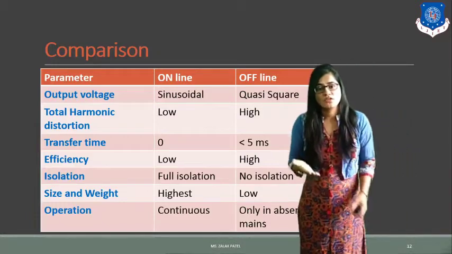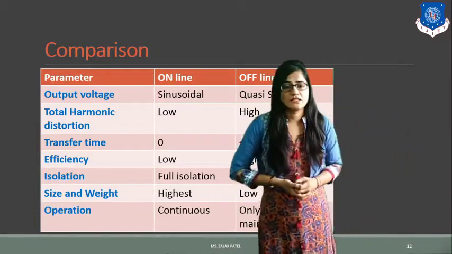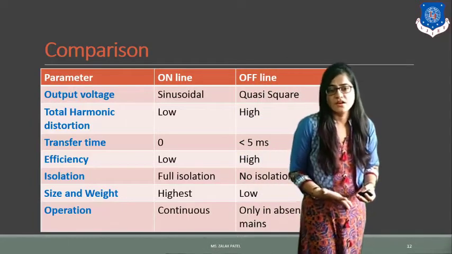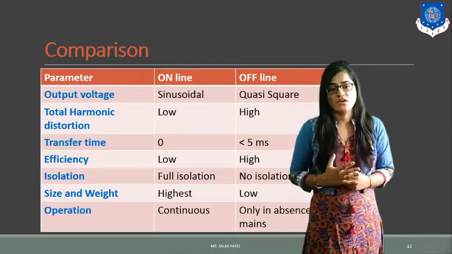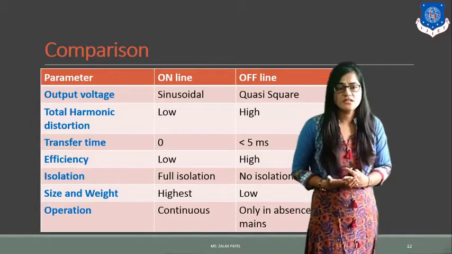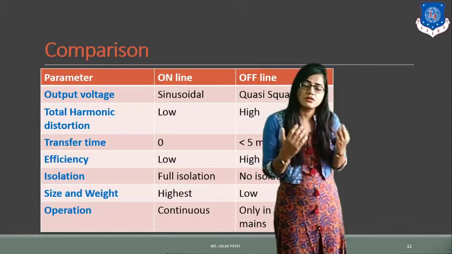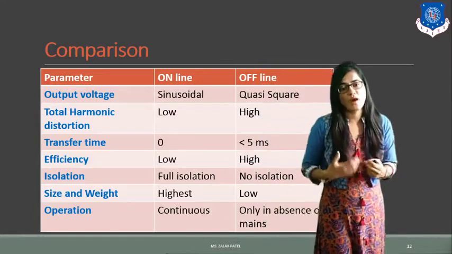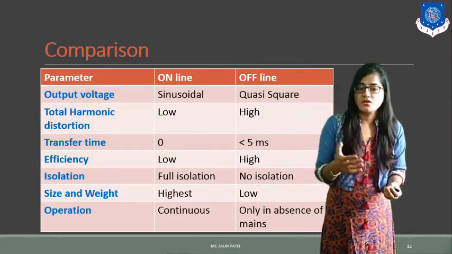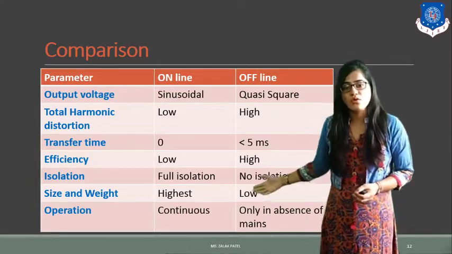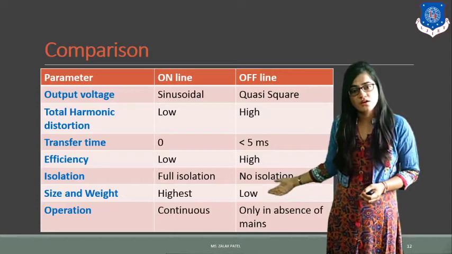If we talk about the size and weight of the complete system, in case of online the size and weight are highest because the components cannot be off at any instant. While in case of offline, we can turn off any of the paths, like we can turn off the UPS static switch or the AC mains, so the size and weight are reduced.